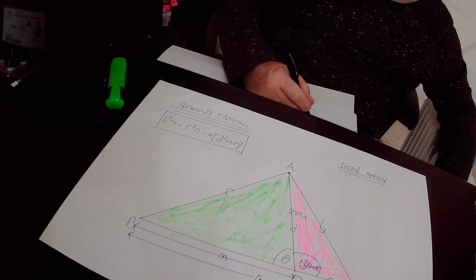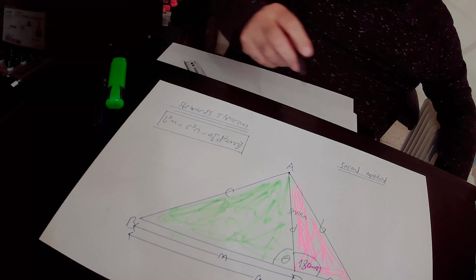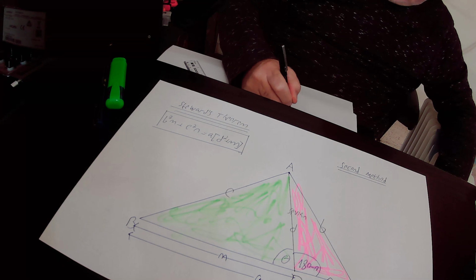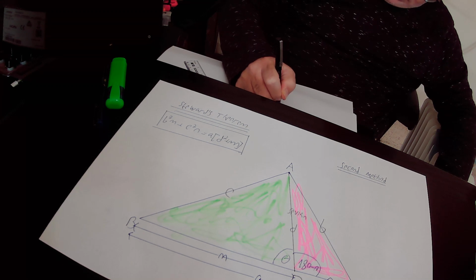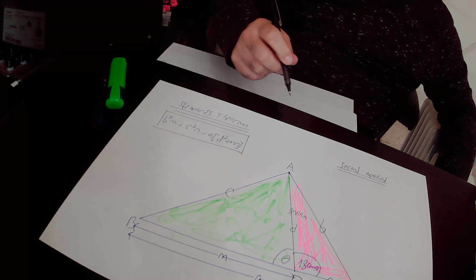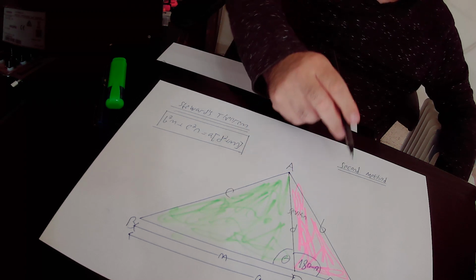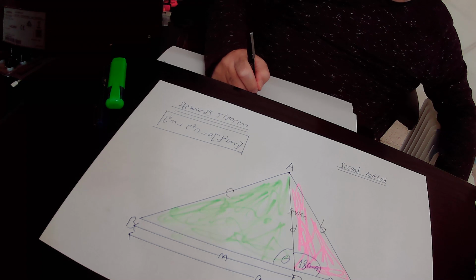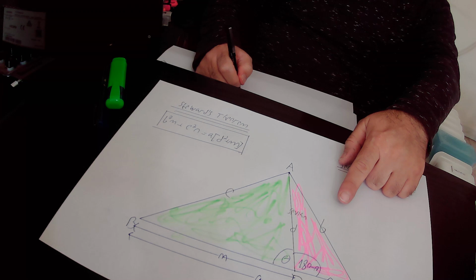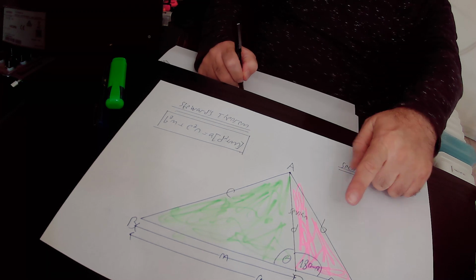According to the law of cosines, we'll get that cosine 180 degrees minus theta equals d squared plus n squared minus b squared over 2 times dn.